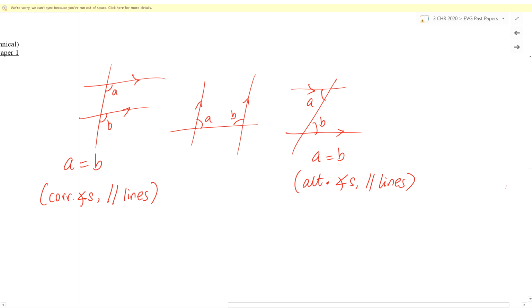As for the last case, let's call this A, let's call this B. Does A look like B? Chang Hui, do they look alike? Do they look like they have the same size?